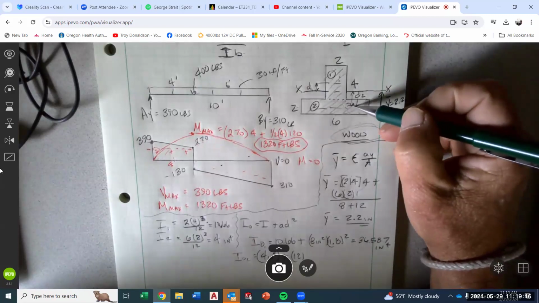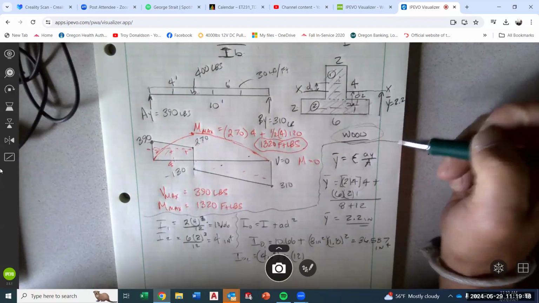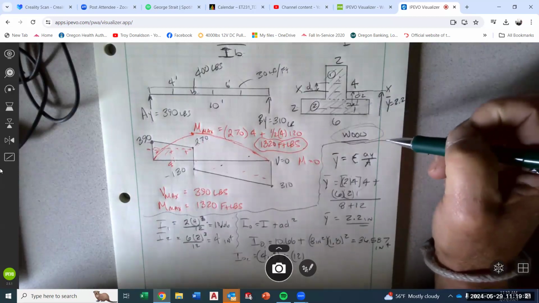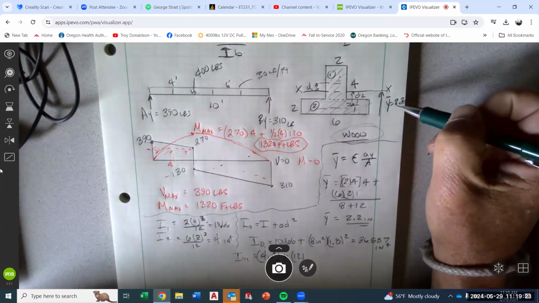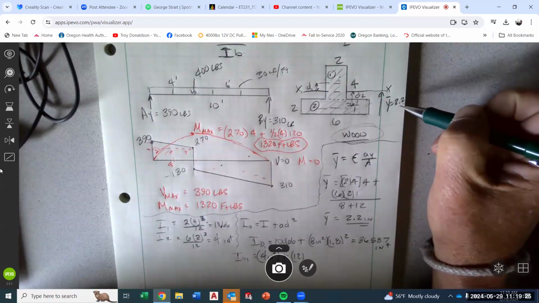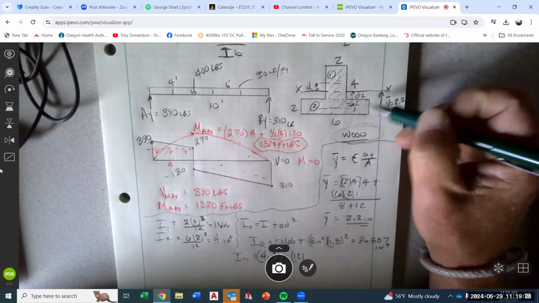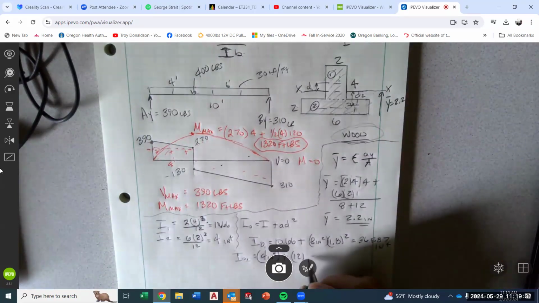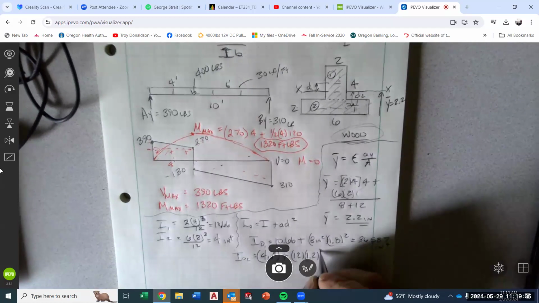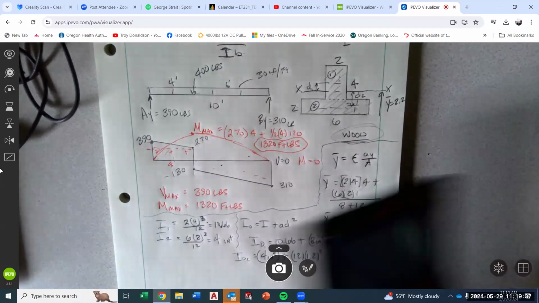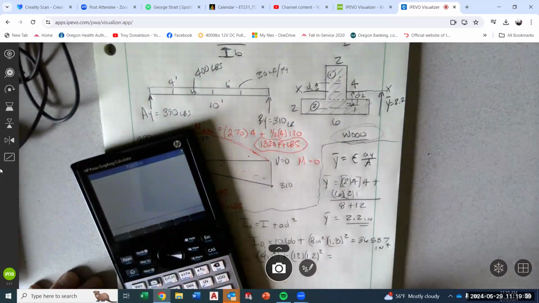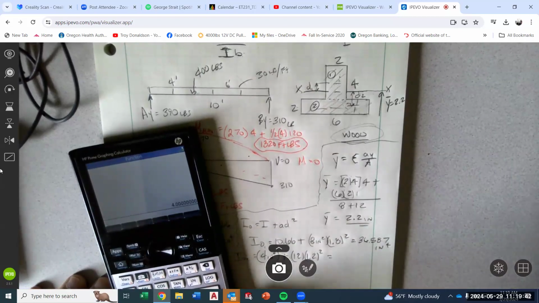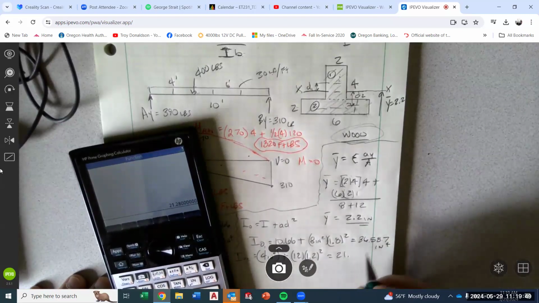It's 2.2 minus this distance right there, which is 1. So the transfer distance on this one looks to be 1.2, right? The 2.2 minus this 1. That's from axis to axis. So 1.2 squared. All right, so let's get that one. 21.28.